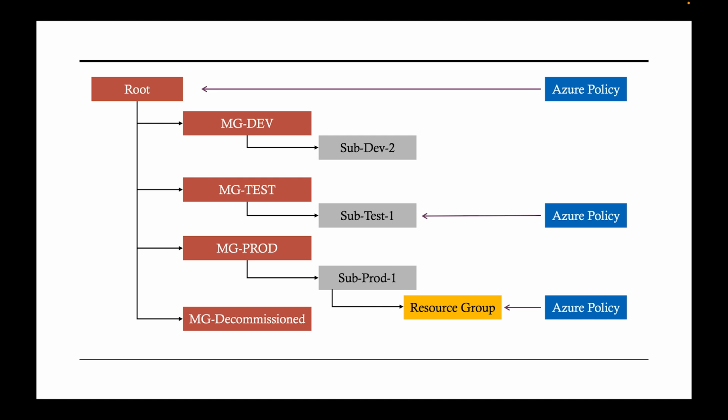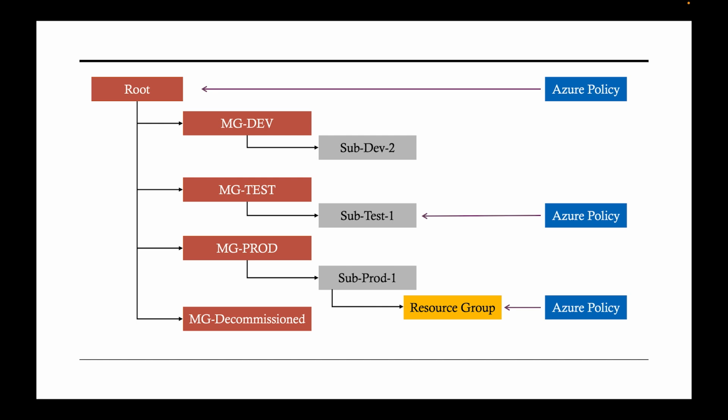What do I mean by that? If you need a policy in your environment saying we are only allowing resources to be deployed in these regions, you would apply it at the root level, because no matter what, anybody who goes to deploy something will be prevented based on that policy.